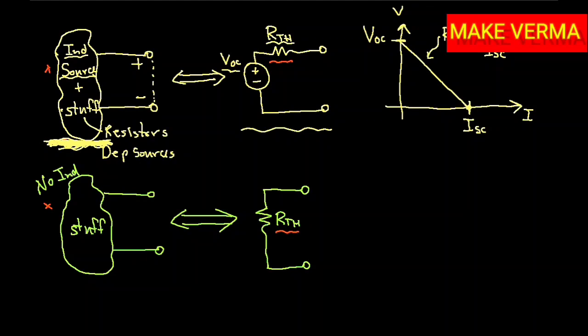Similarly, if you have a circuit that has no independent sources, the voltage-current relationship in this case looks like this. Again, this is current and this is voltage. And the slope of this line is RTH.